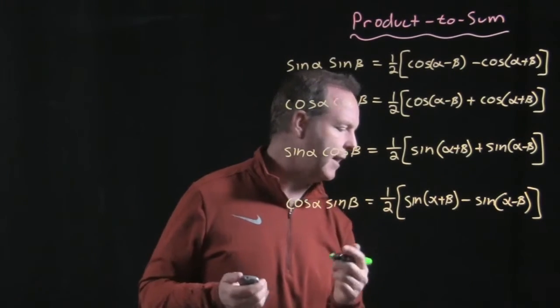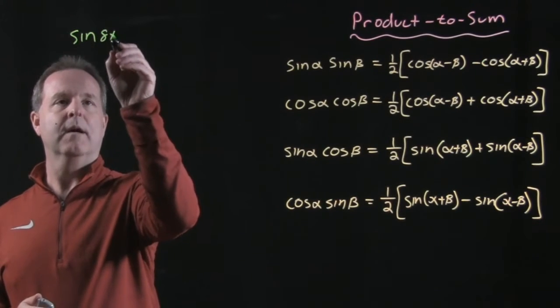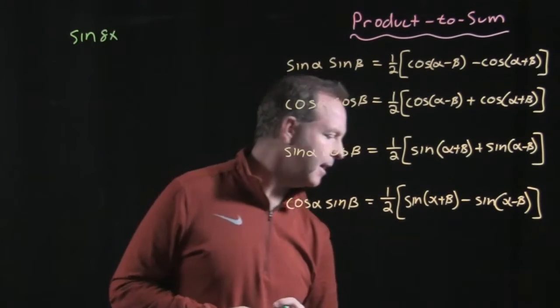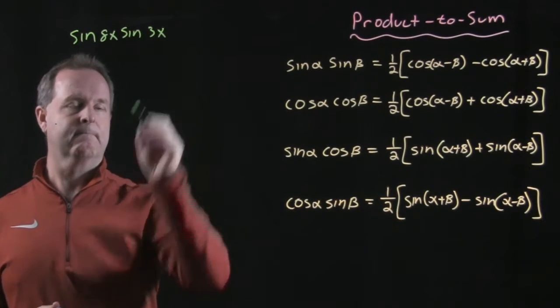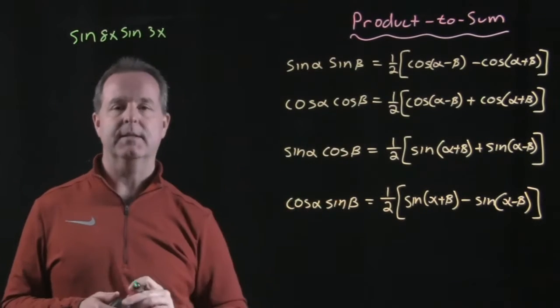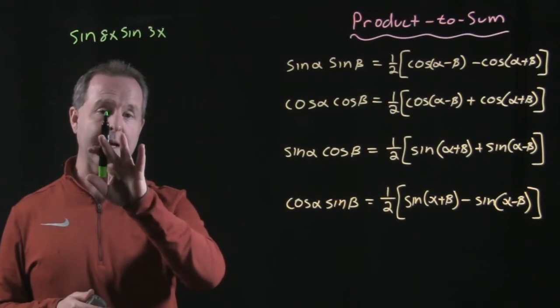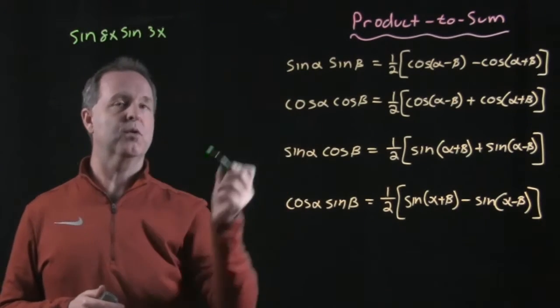Let's begin and look at if I have the sine of 8x times the sine of 3x. I just want to rewrite that in terms of its sum. So it's a product right now. Rewrite it in terms of a sum. I notice that sine times sine is my first one right there.